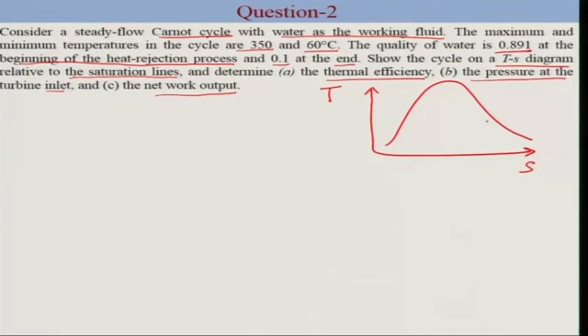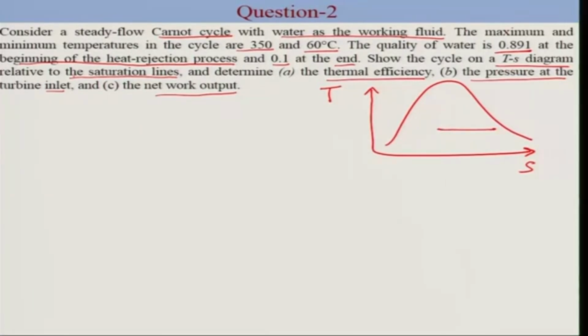So, the heat rejection process will take place at a constant temperature in a Carnot cycle, and since quality is 0.891, that point will be somewhere here.